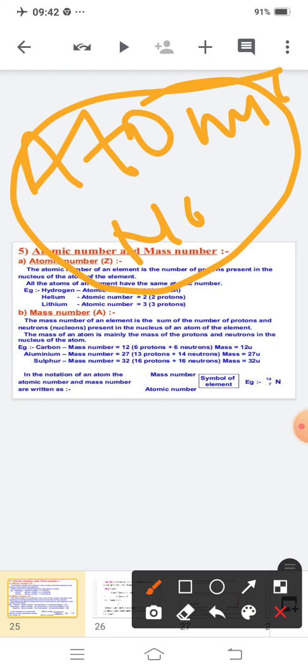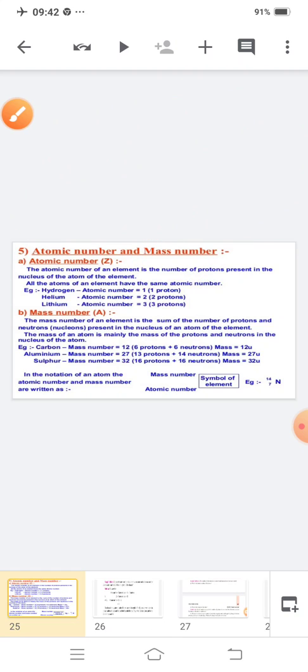Clear? So with this, we can write the definition of atomic number: the number of protons in one atom of an element is known as the atomic number of that element.